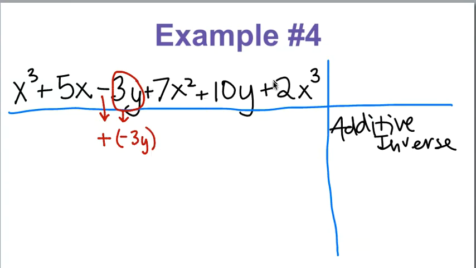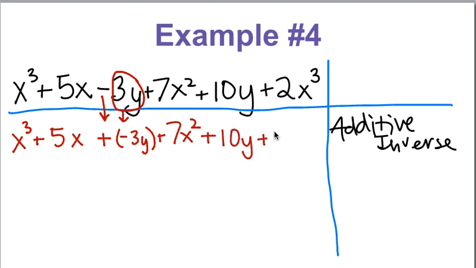Addition, addition, addition. We're good. So now I can just copy down the rest of my expression. Now I can start identifying my like terms.